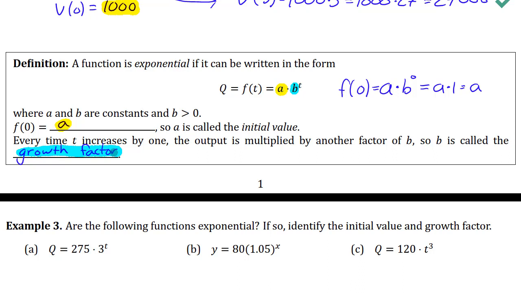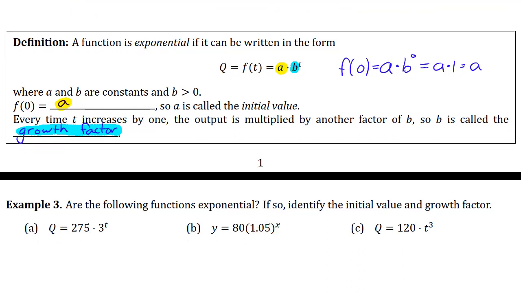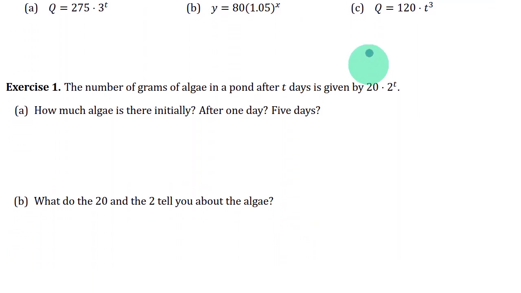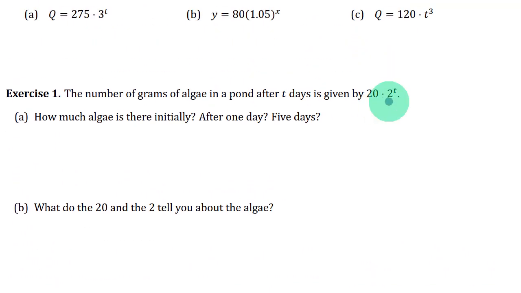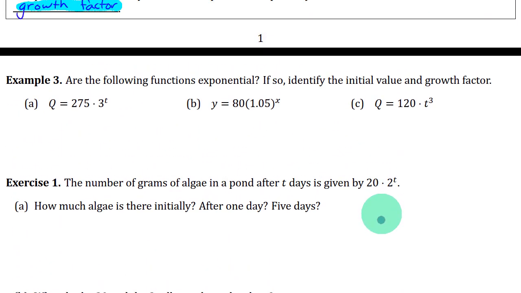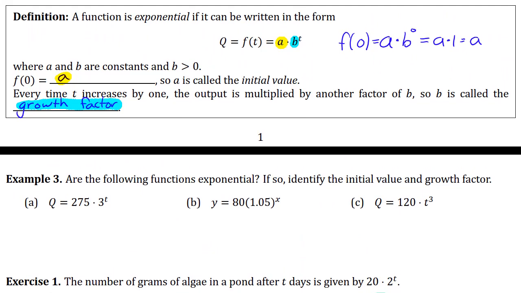Let's look at one more example here before we have some exercises to do. The exercises are pretty similar to what we've been doing. You're going to be given an exponential function, and it asks you to plug in some numbers into it. All right, so for a here, is this exponential? Is this written as a number multiplied by another number raised to the power of the variable? It is, yeah.